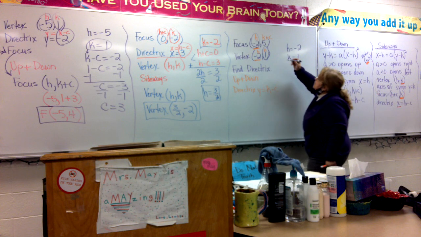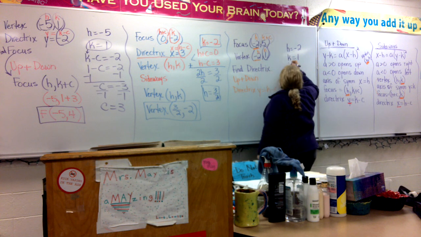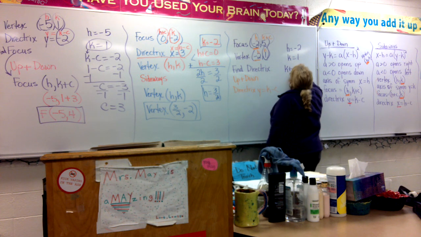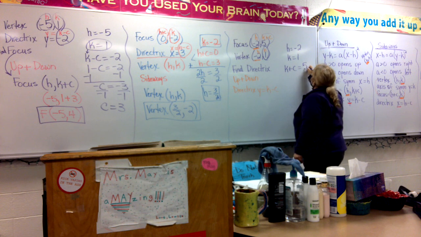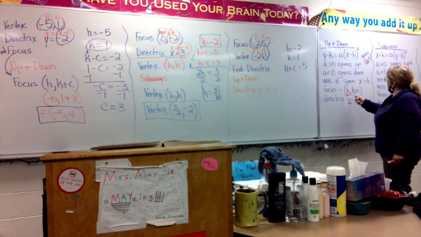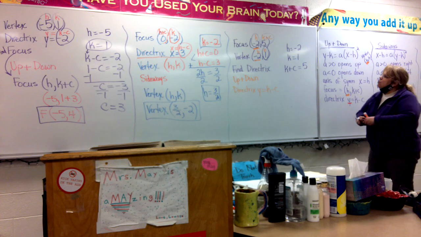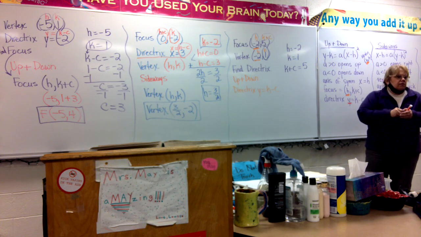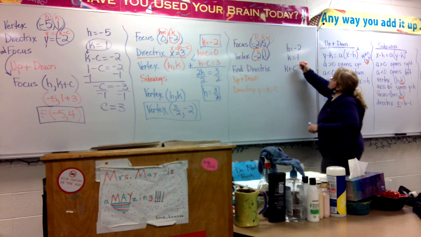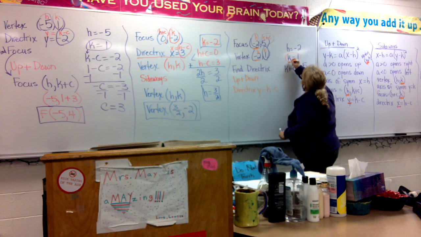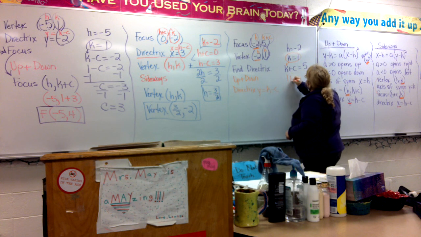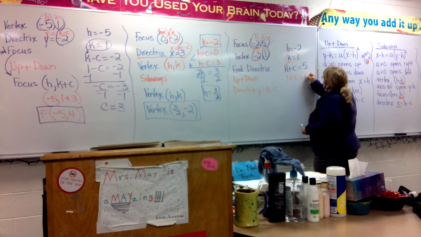That's just me. And then what else do I know? K plus C is 5, right? It's up and down, so K plus C. And what are you going to do with that? Plug in the K value. You know K is 1, so put it in there. 1 plus C equals 5.